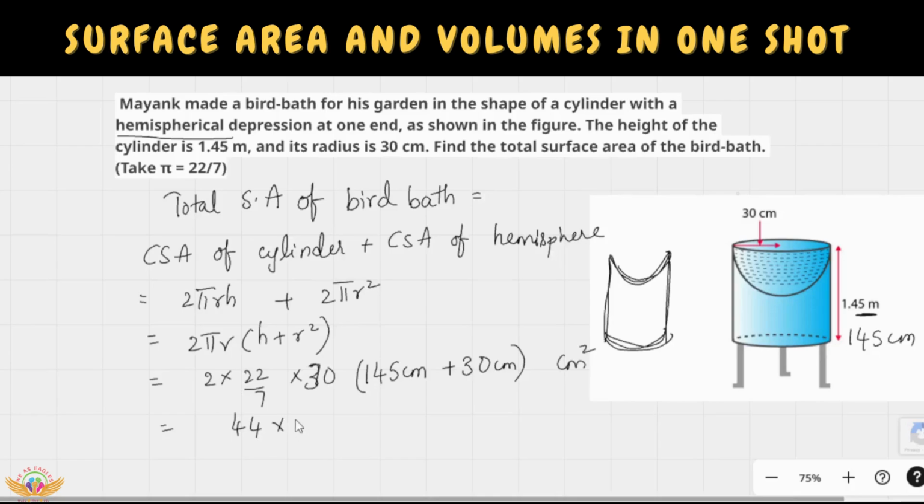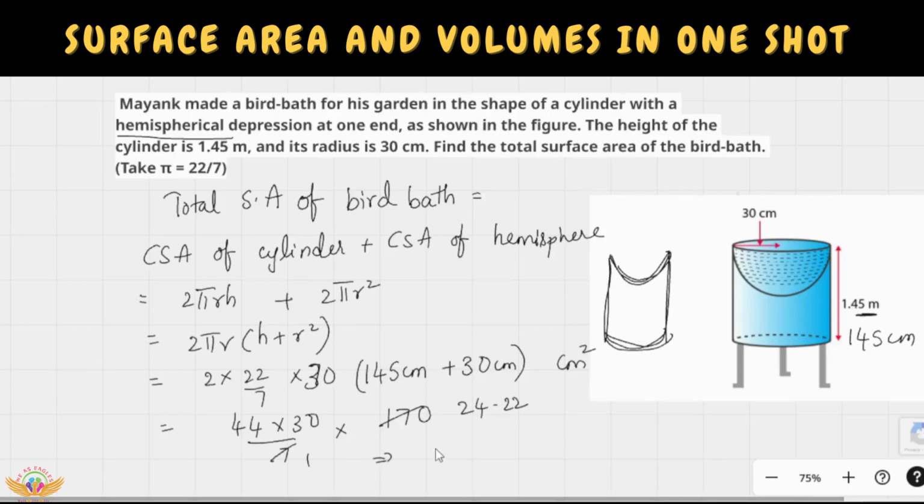44 into 30 by 7 into 170. Done. So 7 ones are 7, 7 twos are 14, 7 fours are 28.22 something, it will be coming like that. So approximately I'm taking 24.2.